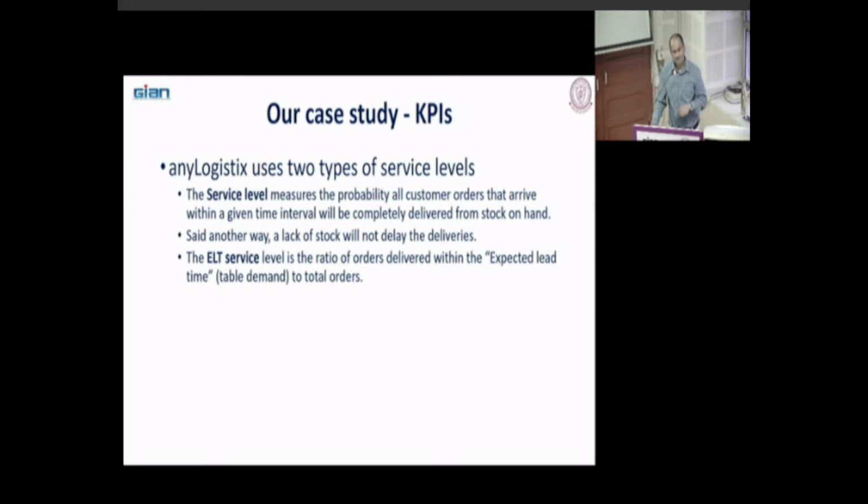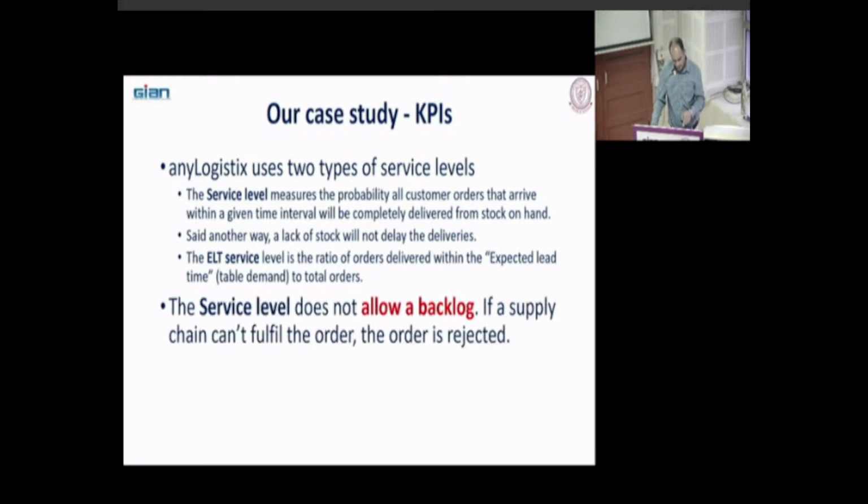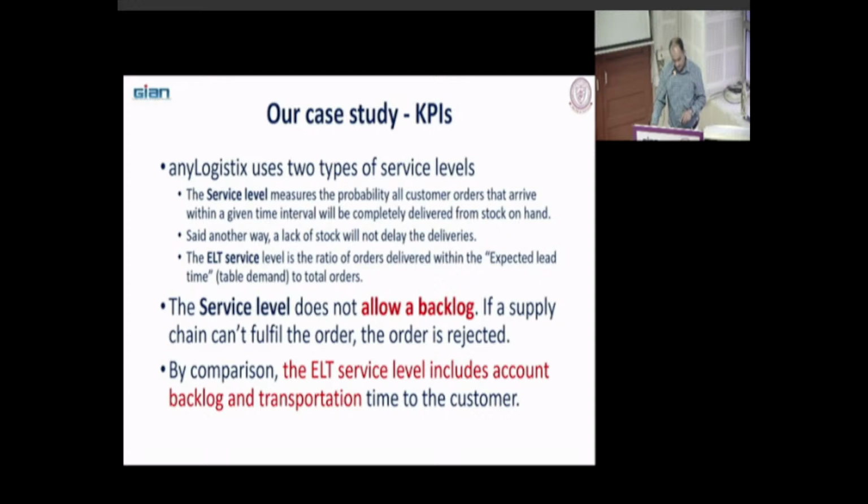But in the ELT service level, it will always take the order and doesn't consider whether the stock is available or not, because back ordering is allowed in the ELT service level. The normal service level does not allow the backlog. If the supply chain can't fulfill the order, it is simply rejected. But the ELT service level includes the order backlog and transportation time to the customer. So that's the difference between the normal service level and the ELT service level.